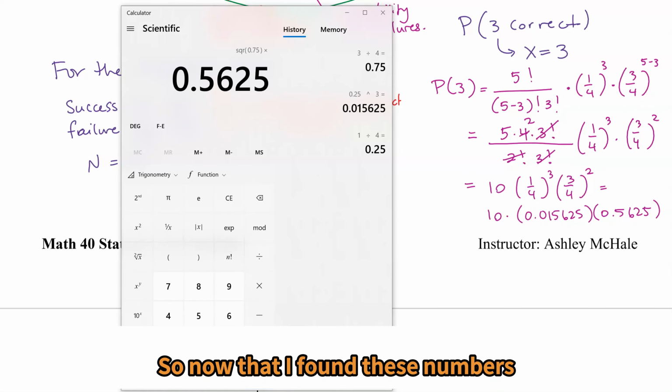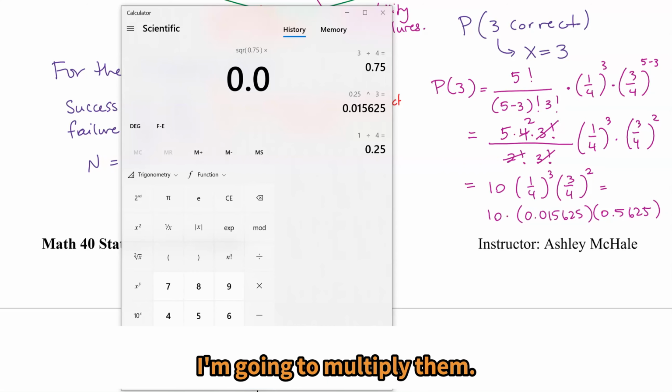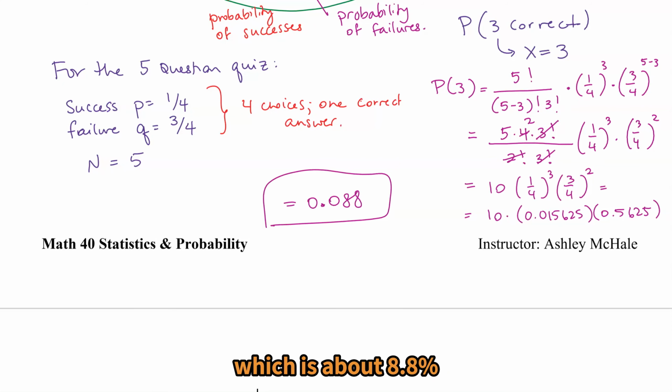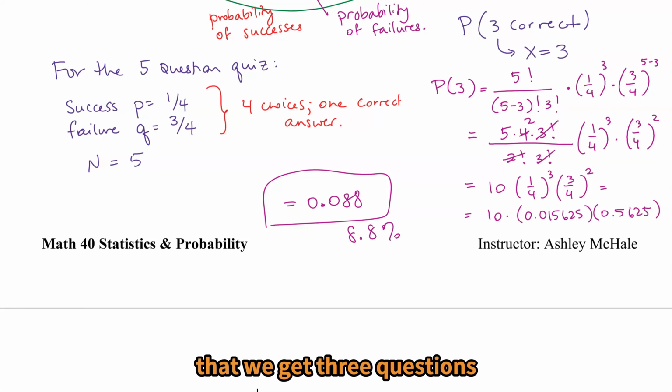And so now that I've found these numbers, I'm going to multiply them. And we get 0.088 for our probability, which is about 8.8%, that we get 3 questions right on a 5-question quiz if we're guessing randomly.